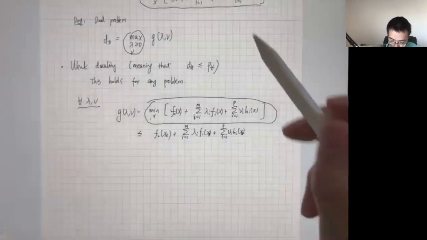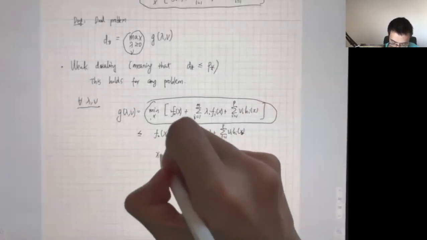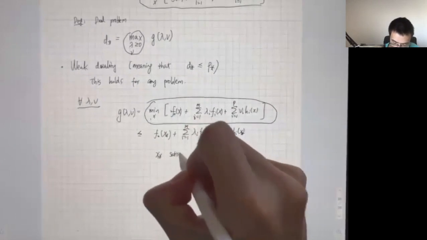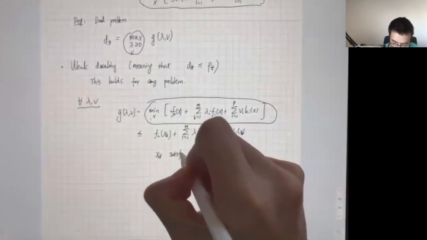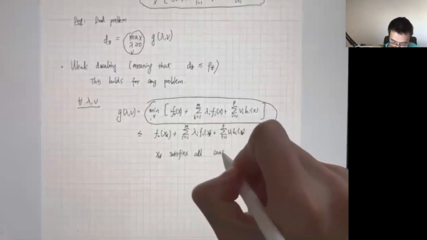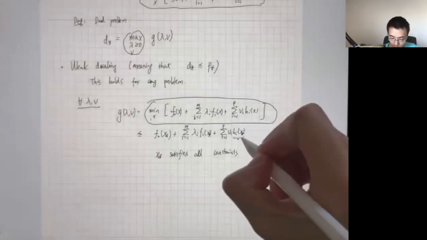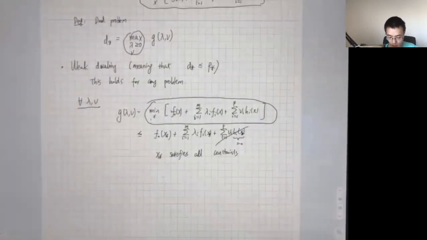Then I know that x star satisfies all constraints, all equality constraints and inequality constraints. Then h_i is 0, so this term just vanishes.